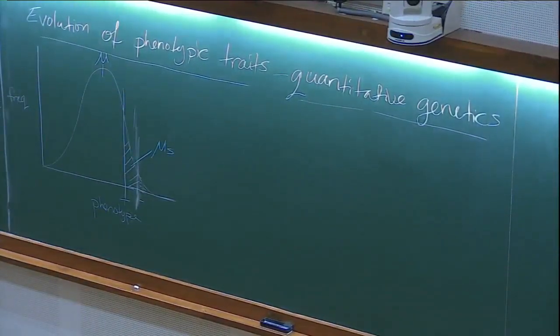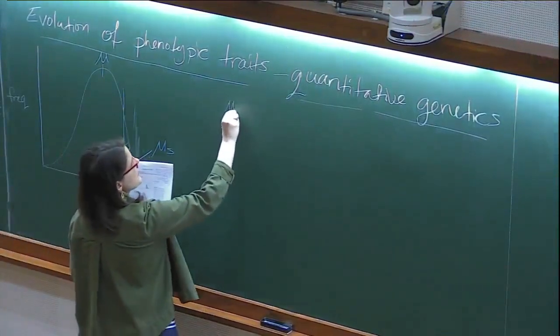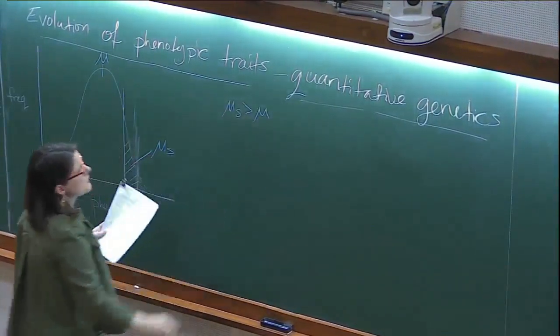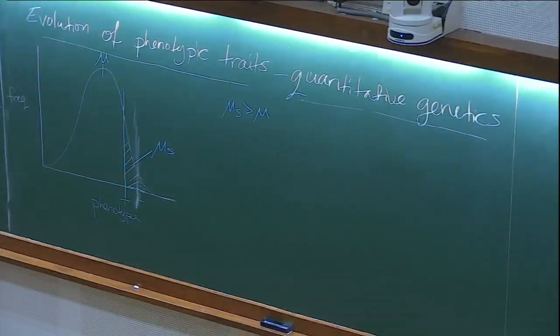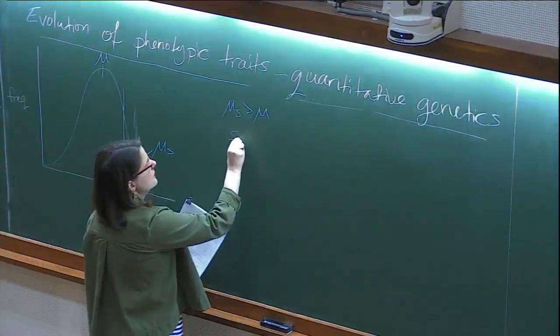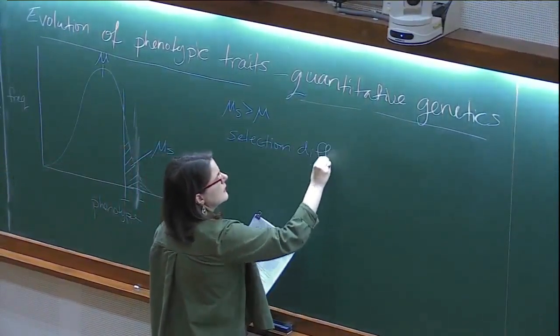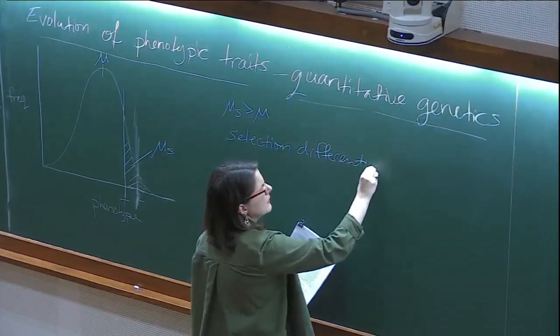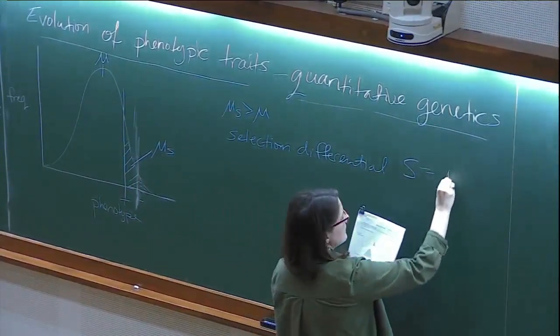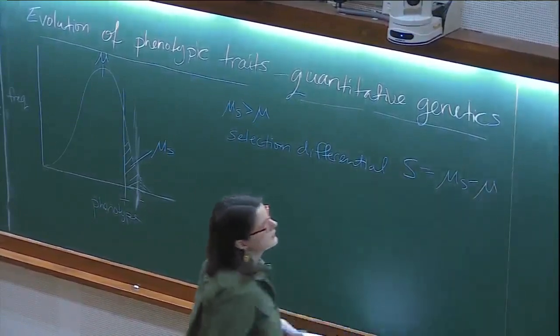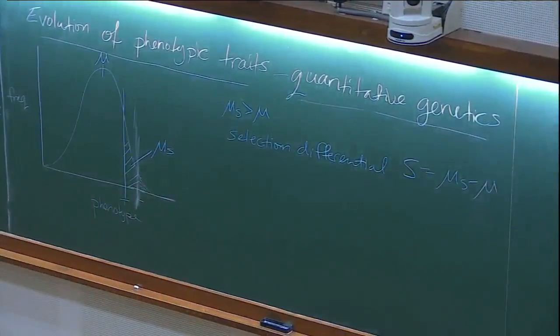For this example, I've chosen things so the mean of the selected individuals is greater than the overall population. It doesn't have to be. So we can define something called a selection differential. That's just how strong selection is. If the difference between those two means is very big, selection is very strong. If the difference is very small, selection is very weak.